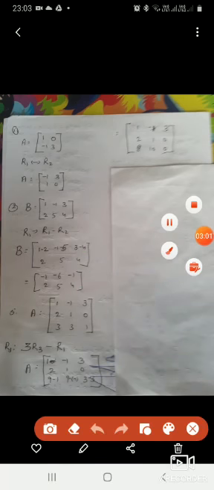For the first row, no change, we write it as it is. Second row, no change. See the third row. 3 times R3: 3 threes are 9, minus R1. R1 is 1, so it is 8.